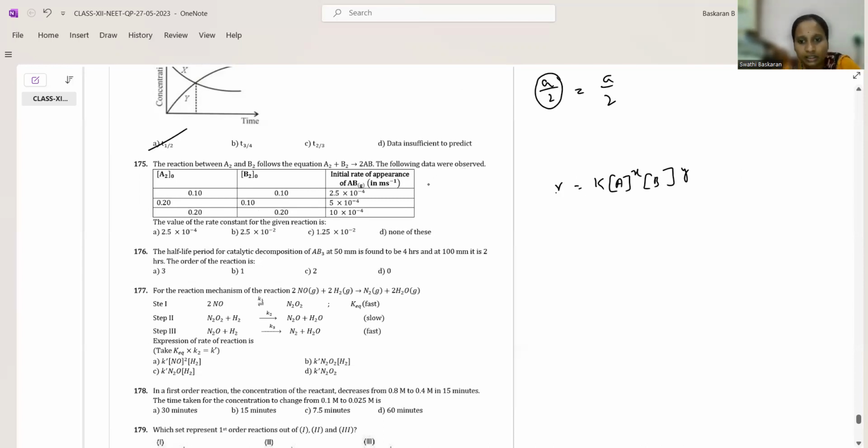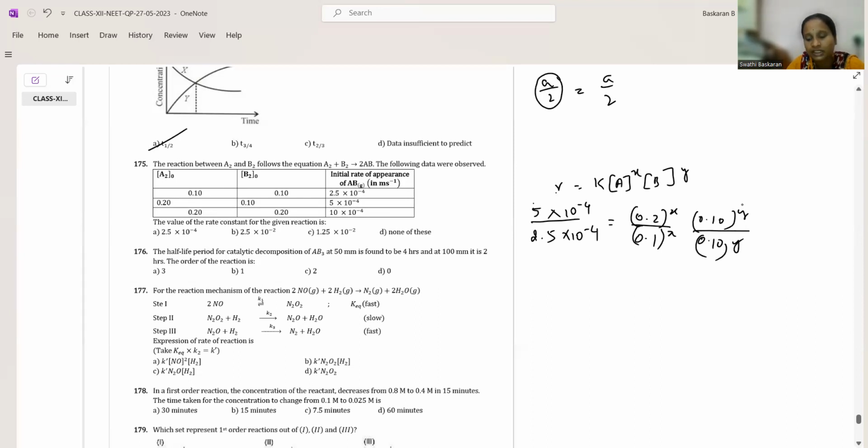So I'm directly writing, where the rate of equation 2 is 5 into 10 power minus 4: 5 into 10 power minus 4 divided by 2.5 into 10 power minus 4, which is equal to the concentration of A in equation 2, 0.2 divided by 0.1, raised to the power x, multiplied by 0.10, that is the concentration of B, raised to y, divided by 0.10 raised to y.